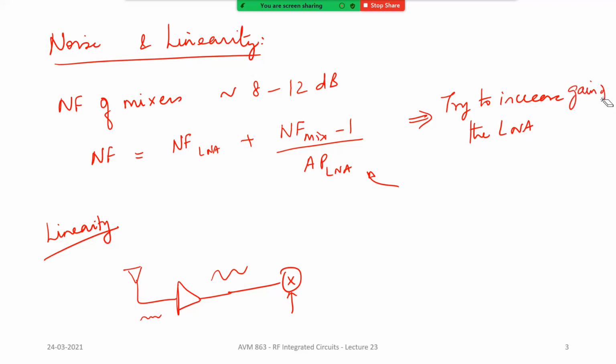Correct. Now, on the flip side, this is as far as noise is concerned, right? When you go to linearity, if you have a higher gain, the input signal at the mixer itself is going to have higher amplitude. And because of this higher amplitude, the linearity of the mixer becomes very critical.